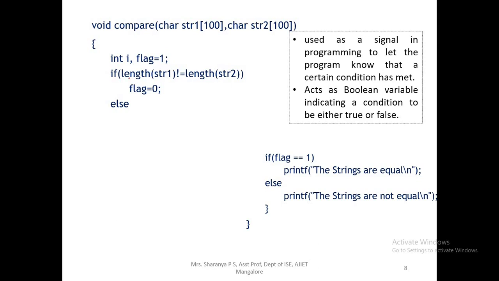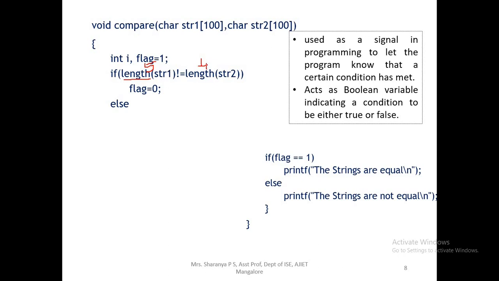First, with the if condition, length. What is this length? This is the built-in function already defined by us, and we are passing string 1. So we are calling the function length in the if condition, and we are checking the value it returns, which is normally an integer. Say for example, it may be 5, the length of the string, and it checks whether it is not equal to the length of string 2, which might be 4.